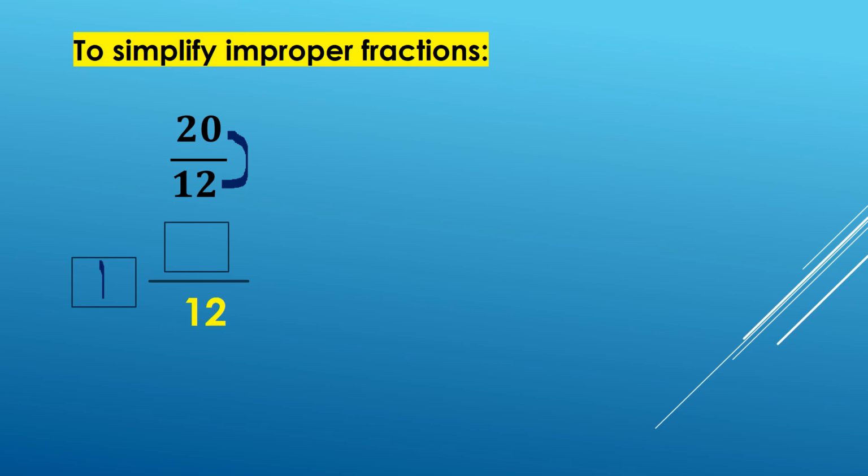Just mental math: 20 divided by 12 is 1. I cannot write 2, because 12 times 2 is 24, which is bigger than 20. So 20 divided by 12 is 1, and 12 times 1 is 12. How much is left from the 20? Correct, that's 8. So we write 8 here. So it's equal to 1 and 8 over 12.